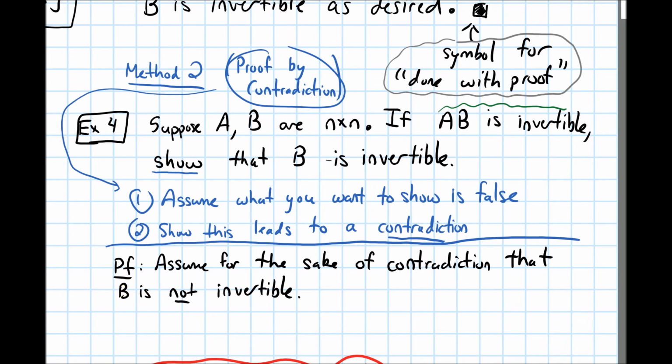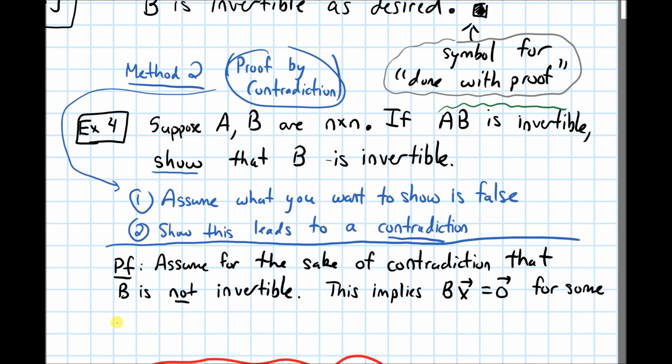If B is not invertible, one of the things that this implies is that the equation B times X equals 0 has a non-trivial solution.